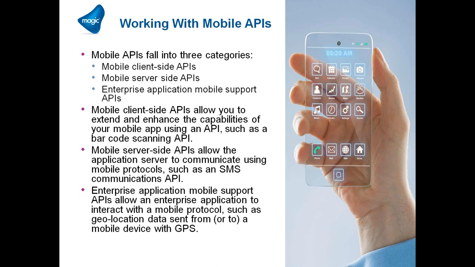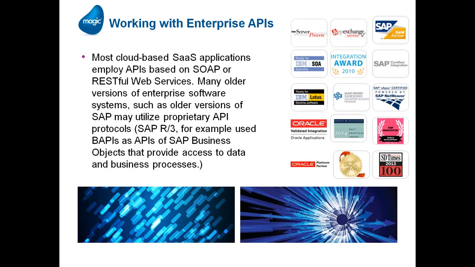And then there's finally the enterprise application mobile support APIs that allow you to interact with mobile protocols, like GPS and things of this nature across the enterprise. So these are some examples of types of APIs that you might be working with in the mobile environment.